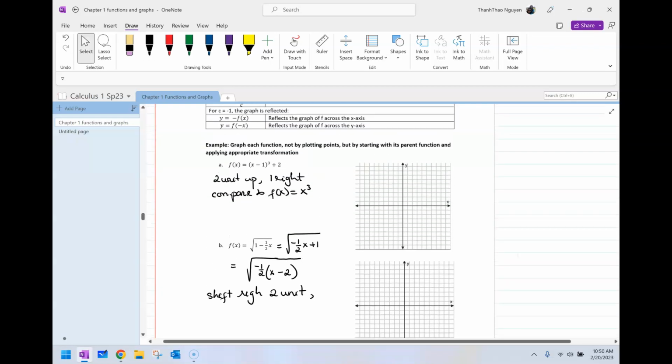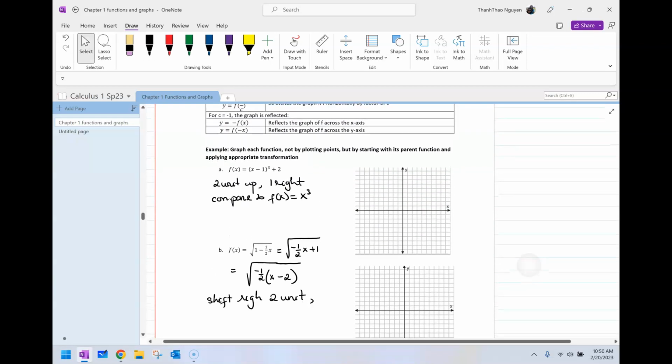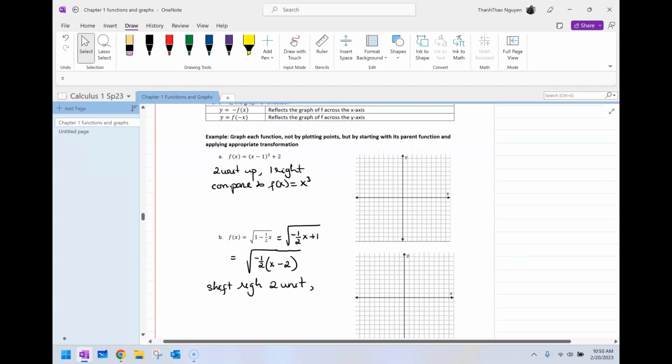Now since we multiply by a negative, this reflects across the y-axis.